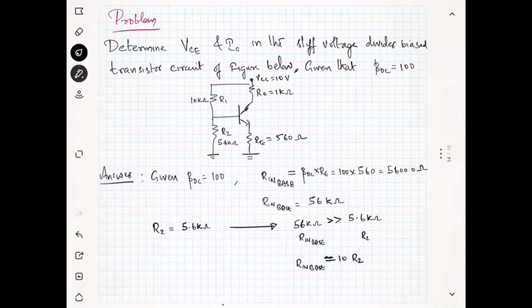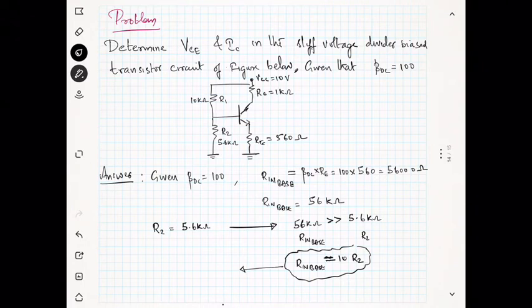If you have a condition of at least 10 times, then you can use the simplified formula for VB as VCC over R1 plus R2 into R2. You can use the exact formula also, but you can use the simplified formula if R in base is at least 10 times R2.